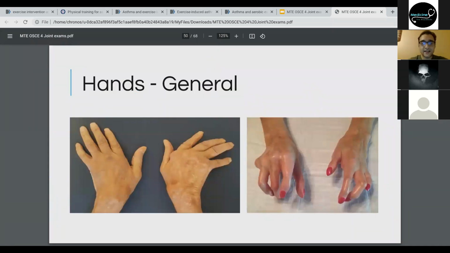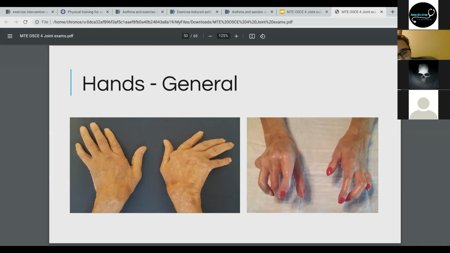So, general examination of the hand. Can anyone tell me what's happening in the patient on the left? Or just describe what they see. Lots of people written RA. Perfect, rheumatoid arthritis. Someone's written ulnar deviation. Perfect. Yeah, ulnar deviation, very classic sign of RA.